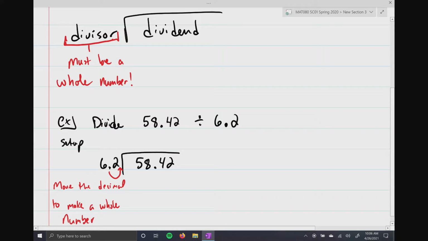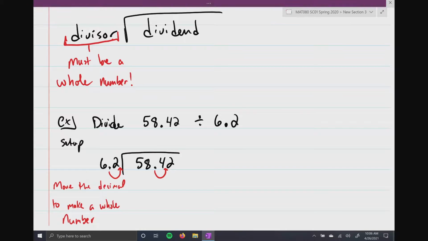Now, since you moved the divisor decimal to the right one spot, we also have to move our dividend decimal to the right one spot as well. So they go hand in hand. If you move one, you move the other, and it's to the right, and it's always going to be the same number of steps.